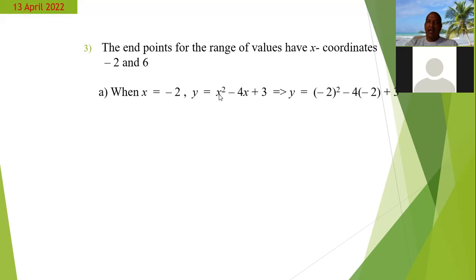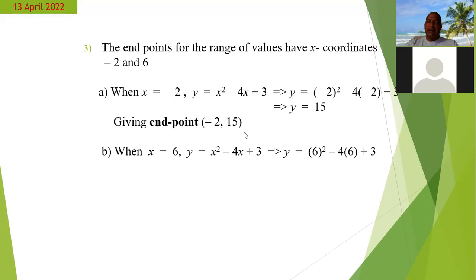So when x is equal to -2, y is equal to -2 squared minus 4 times -2 plus 3, and we calculate y to be 15 when x is -2. So we are going to write those as 1 point. Then we calculate the other point when x is equal to 6. We plug in the value: 6 squared minus 4 times 6 plus 3, and we get y to be 15 as well. So for that point, the endpoint is going to be 6 and 15.